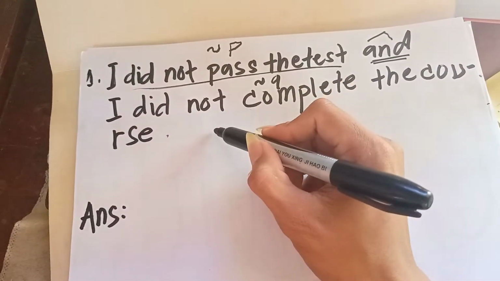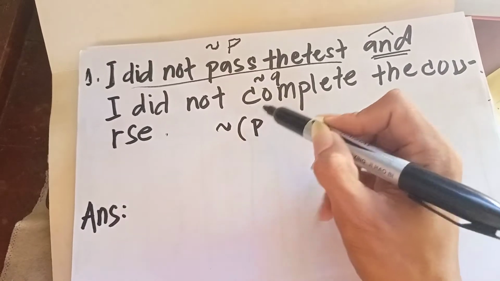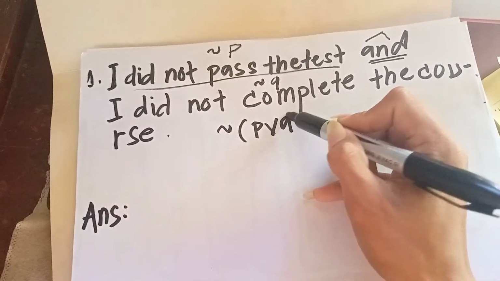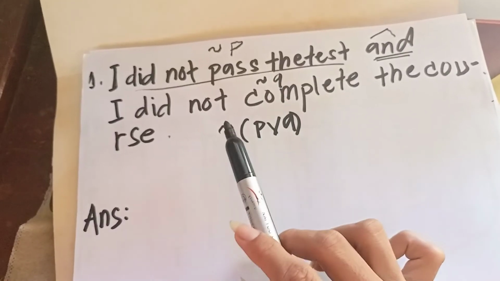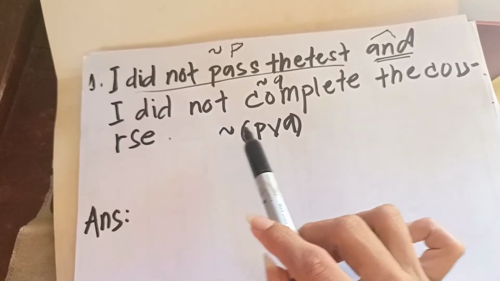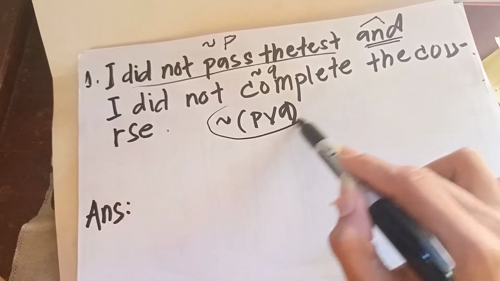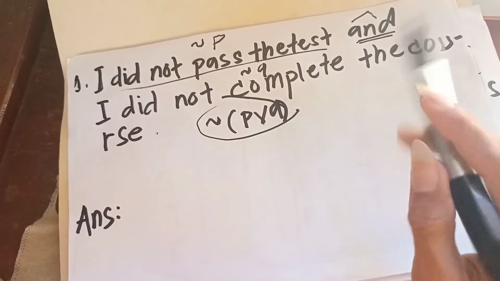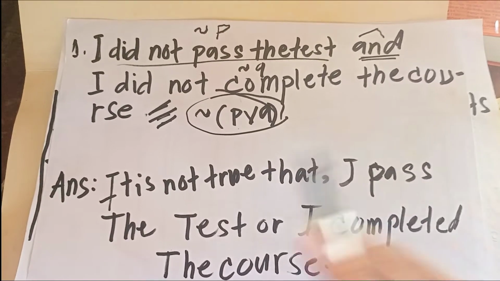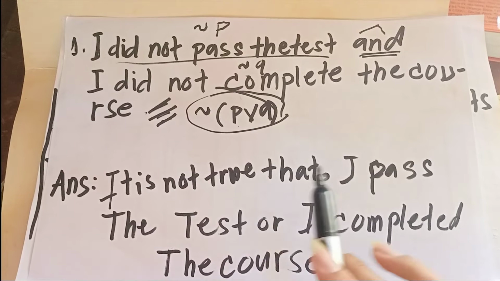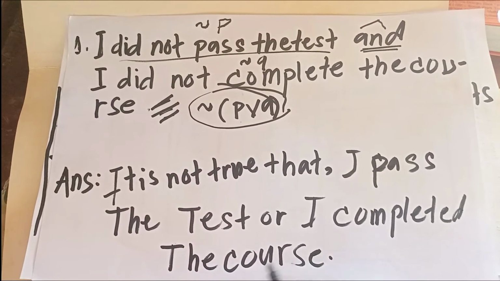When we solve, the negation of P or Q. This is the formula we can apply here. Then, what is negation? It means not. And then, P and Q. How are we going to translate this sign? So here, it is not true that I passed the test or I completed the course.